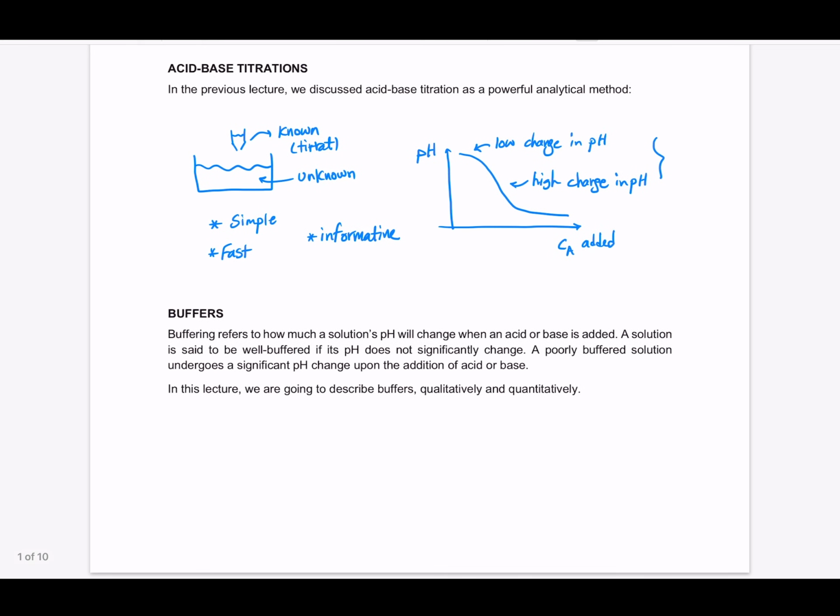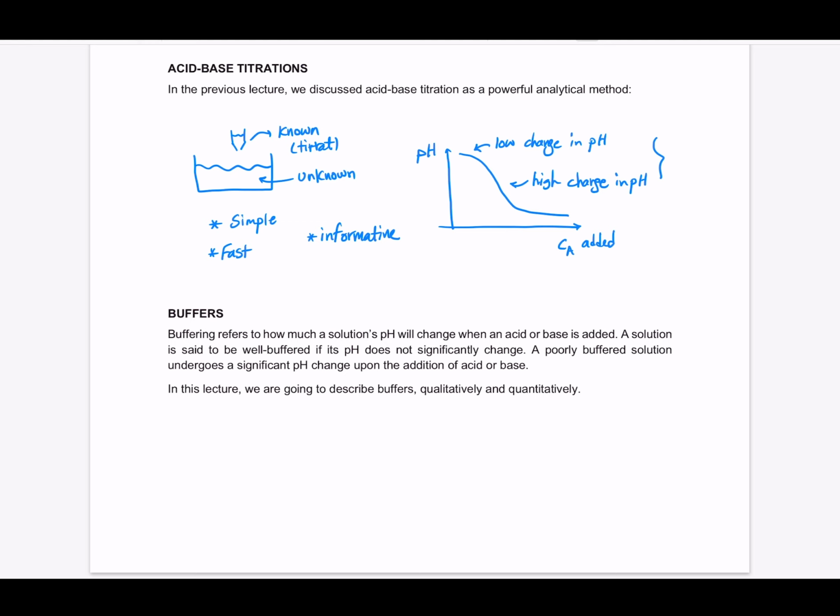More specifically, the term that we're going to describe is buffer. Buffer refers to how much a solution's pH will change when an acid or base is added. We kept using the word resistance in the previous lecture, how much the solution is resisting against changing in pH. But here, how much pH is changing as a function of how much we're adding, we call that a buffer or buffer capacity.